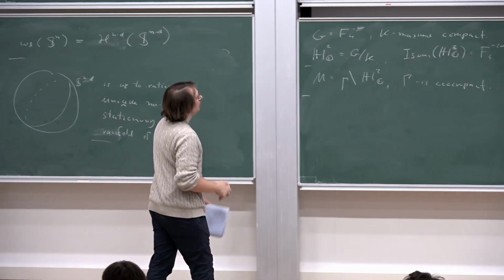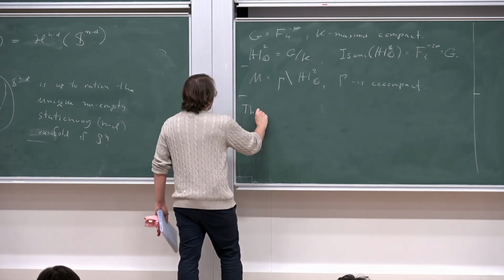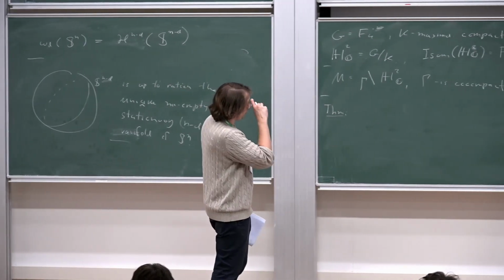So the way we proved this is that we just gave a lower bound on the area of minimal submanifolds in an appropriate range of dimensions.